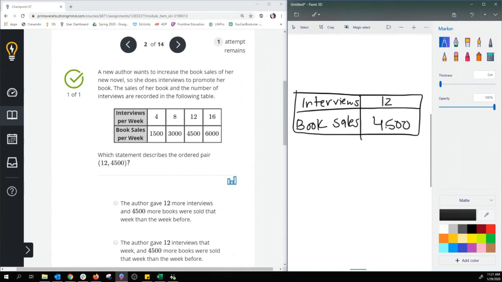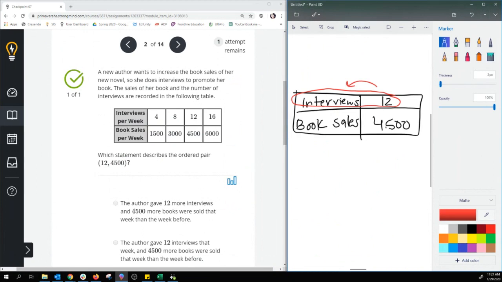Okay. And so if I look at the point 12, okay, 12 is talking about what? What is this 12 describing? Is 12 talking about how many books I'm selling or how many interviews that I'm doing? The interviews, right? Because this 12 is right next to interviews. It's in the same row.